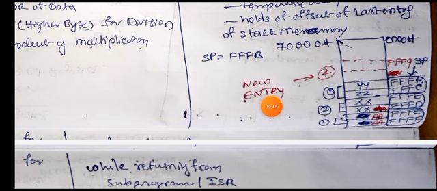Right? For each entry, the stack pointer is decremented by 2. For each removal of an entry, the stack pointer is incremented. So finally you can write only one line: it will keep track of the offset address of the last entry.